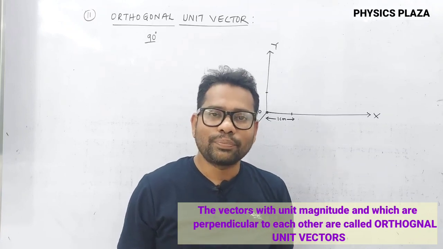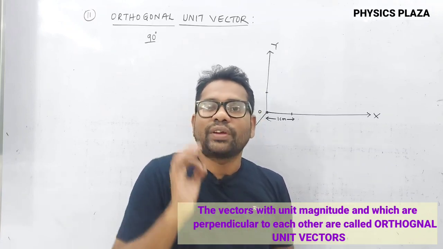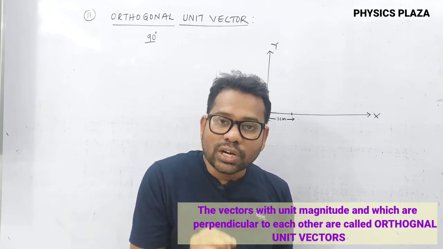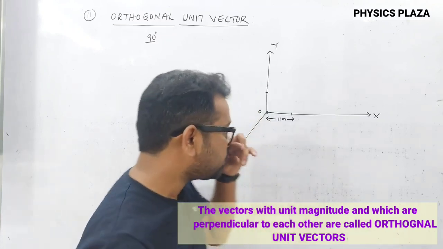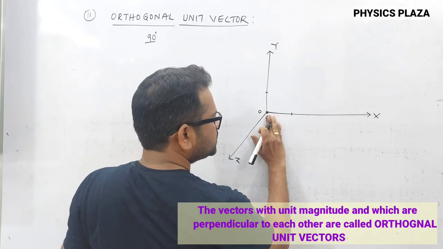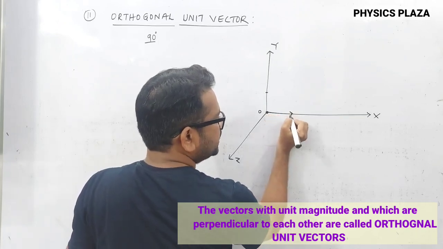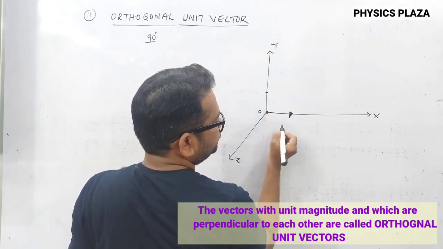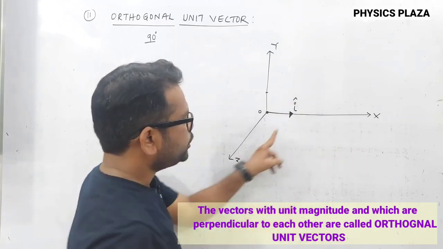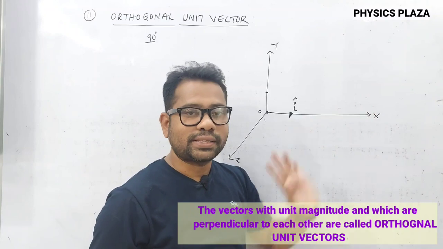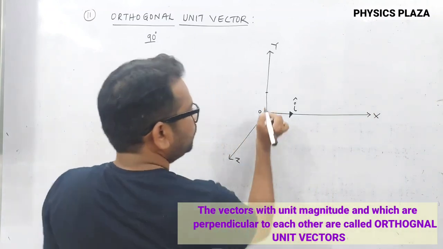But now children, in general, to represent a unit vector we have specific symbols. Along the x-axis direction, the unit vector we use is i cap. So i cap is a unit vector along the x-axis.